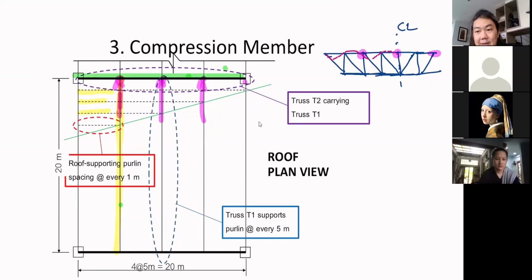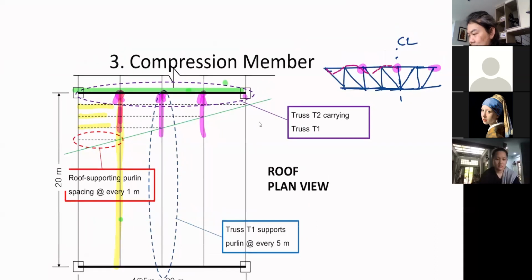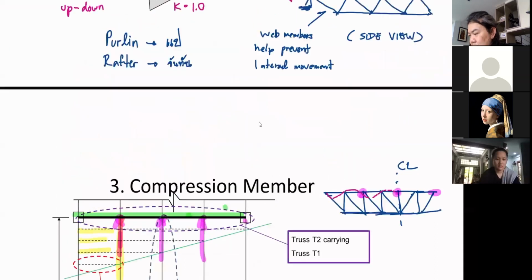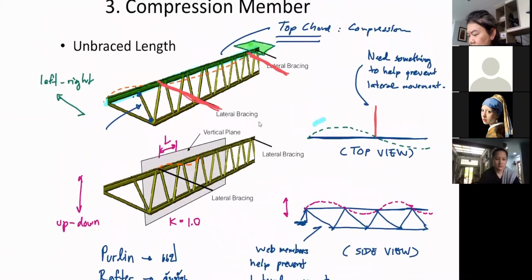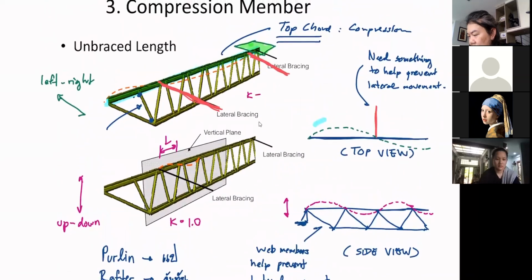And for buckling in this direction, your member will move in and out of the plane entirely, except at this point. So the AISC says, if I remember correctly, you may use K equal to 0.7. Okay, for that case.